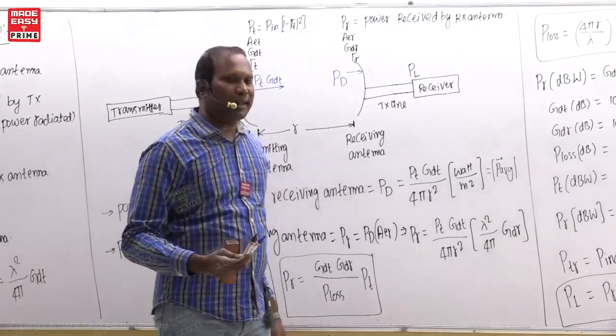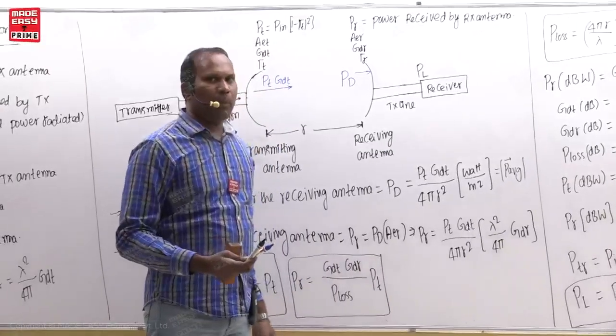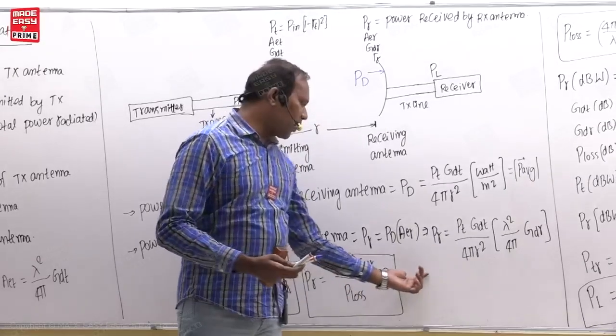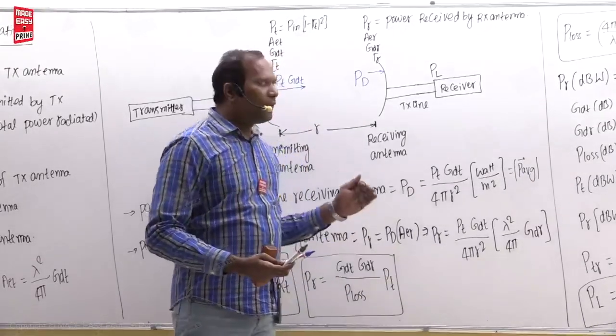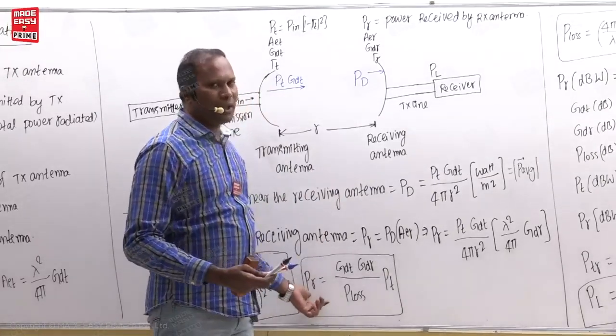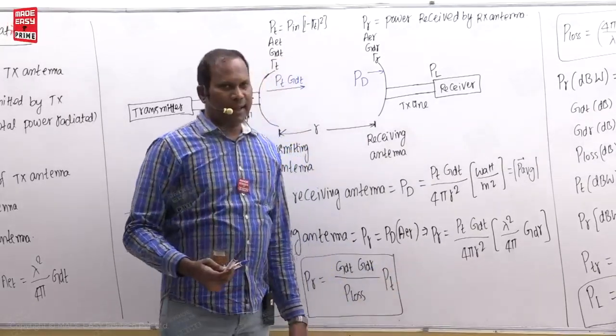That is called the polarization loss factor. Students, because of polarization, how much loss is there? That is called the polarization loss factor. So if there is a polarization mismatch, then power received is equal to this multiplied with the polarization loss factor.